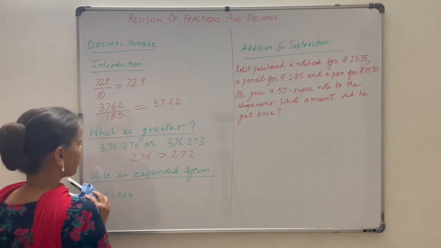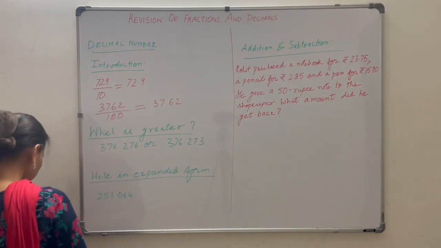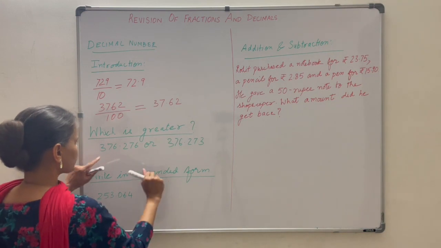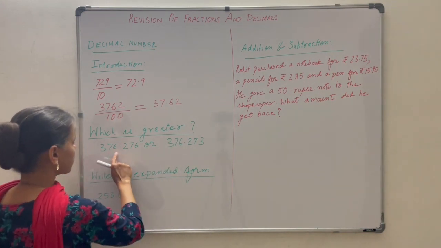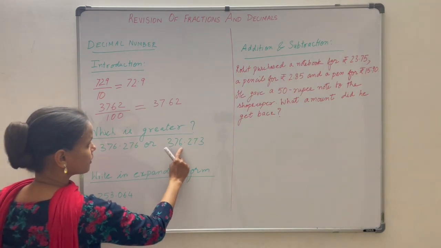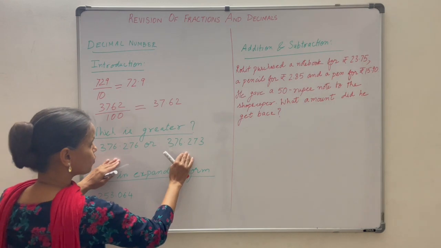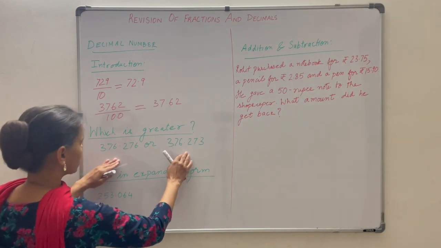In the same way we compare decimal numbers. We start comparing moving from left to right. So here this is 376.276 and this is 376.273. We have to find out which one of these two decimal numbers is greater.